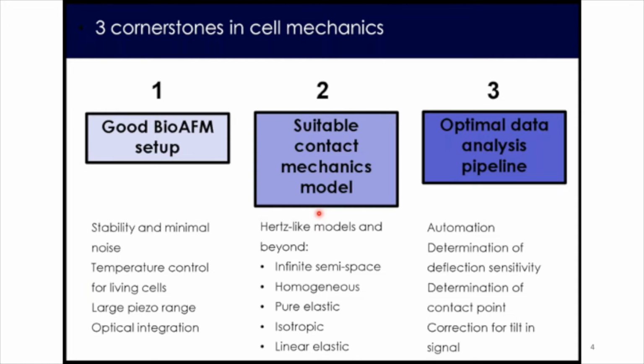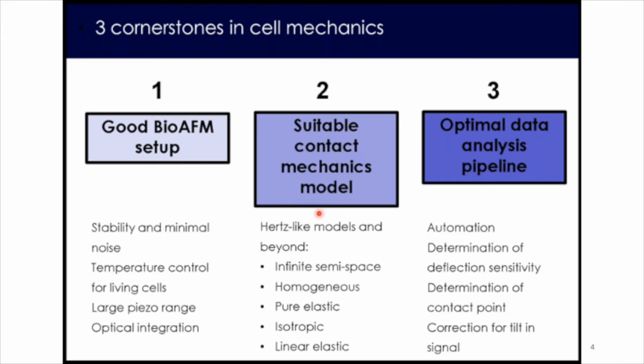The temperature needs to be controlled correctly for living cells. The range of the piezo sensors, which are the crystals which, when deflected, give an electric voltage. The range of those piezo sensors needs to be wide enough, and it needs to have correct optical integration.